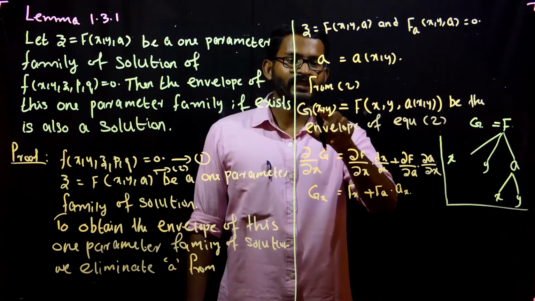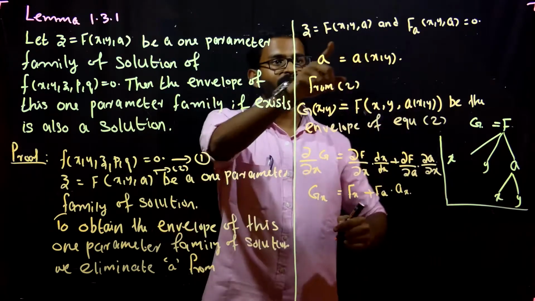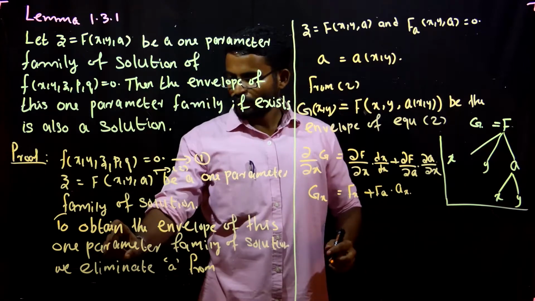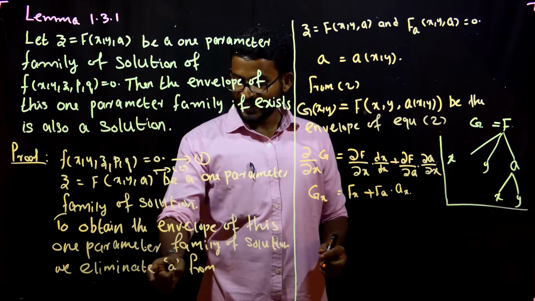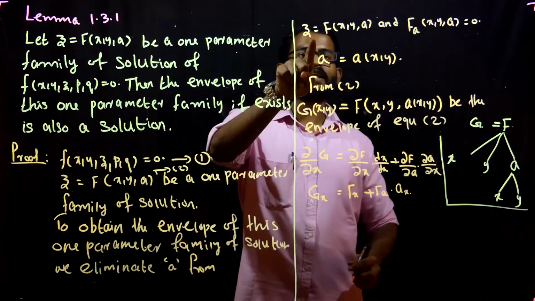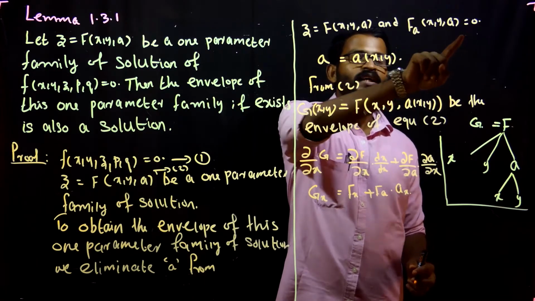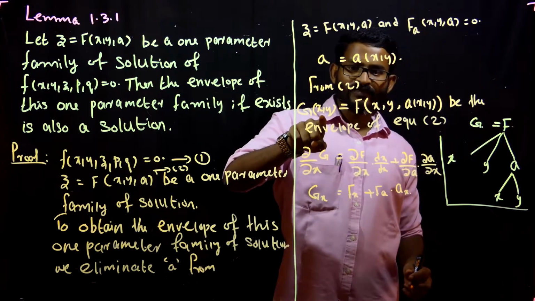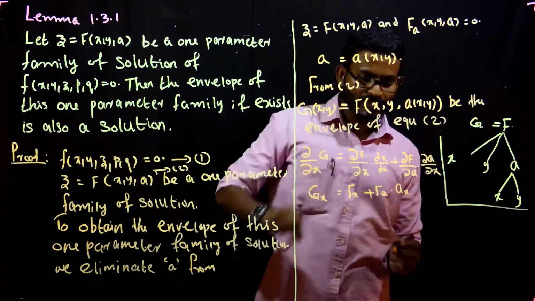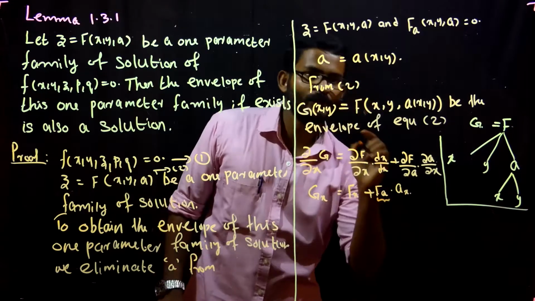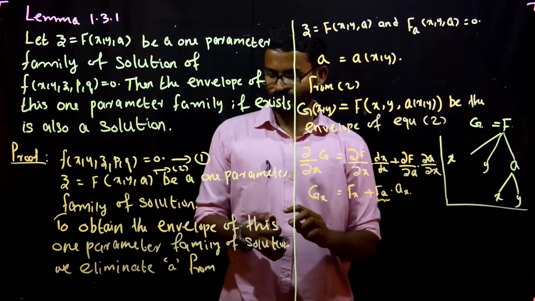Since g is the envelope, and we know that to obtain the envelope of this one parameter family of solutions, we eliminate a from z equal to f of x, y, a and fa of x, y, a equal to 0. That is, since g is the envelope, this fa should be 0. Mark it as equation number 3.